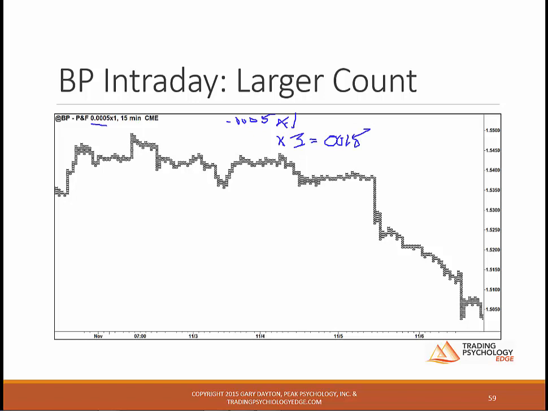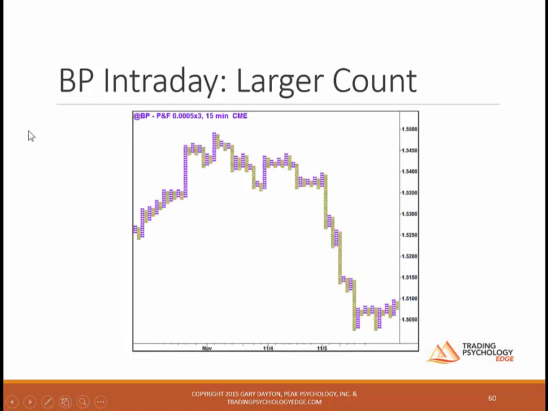Okay? So let's see what that looks like. And this is it. It's 0.0005 times 3, a 3-box reversal. So what that means is instead of each of these being worth 0.0005 or 5 pips to a box, they're now 15 pips to a box.